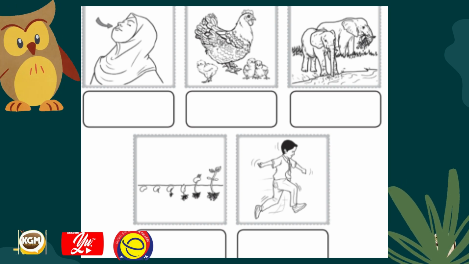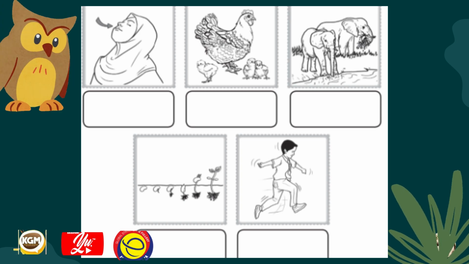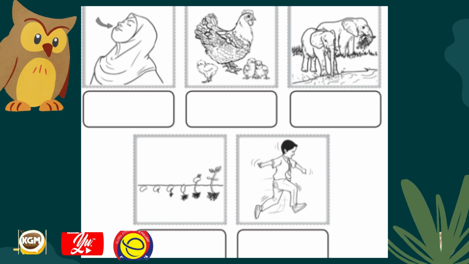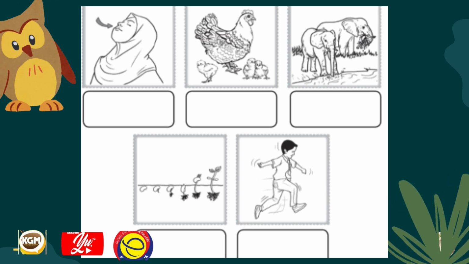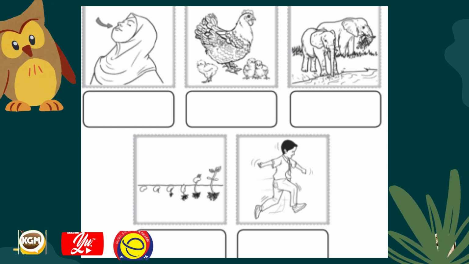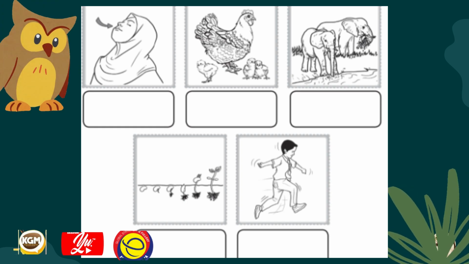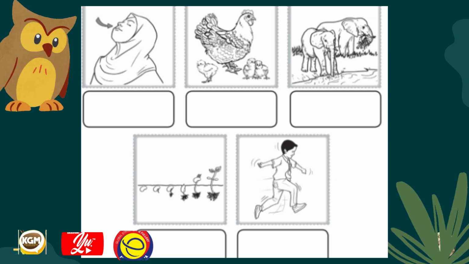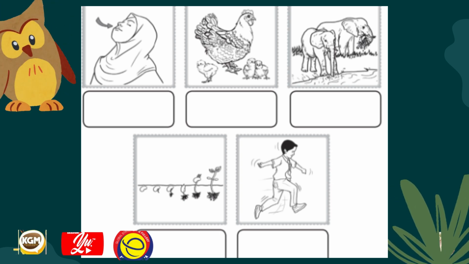Can you now recall the characteristics of living things? Great! Living things can breathe. Living things reproduce. Living things need food and water. Living things grow.